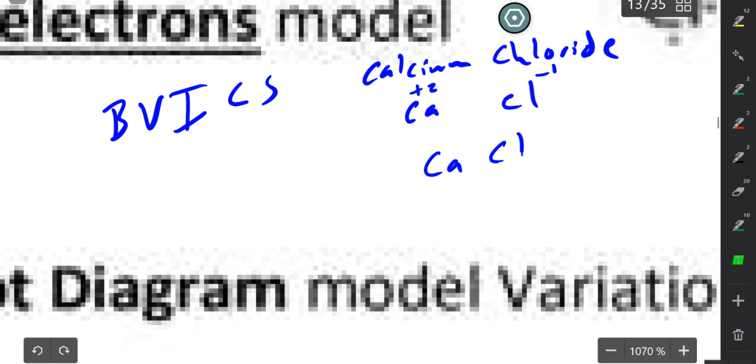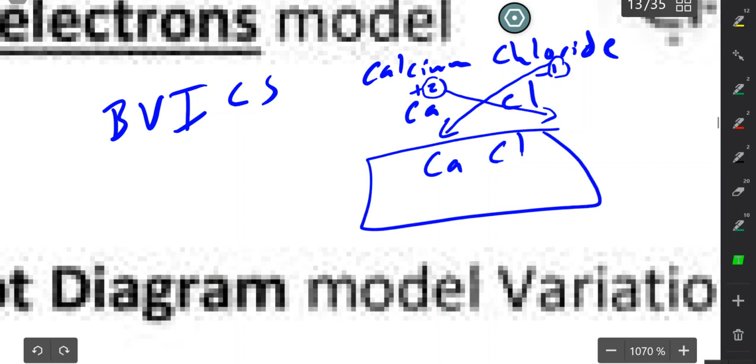The 1 from the chlorine will crisscross down to the calcium, and the 2 from the calcium will crisscross down to the Cl. So what you're going to get is this compound formula. Ca1, Cl2. Okay? That means you need 2 chlorine atoms to combine with 1 calcium atom.